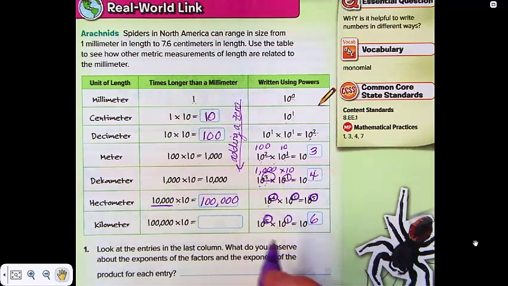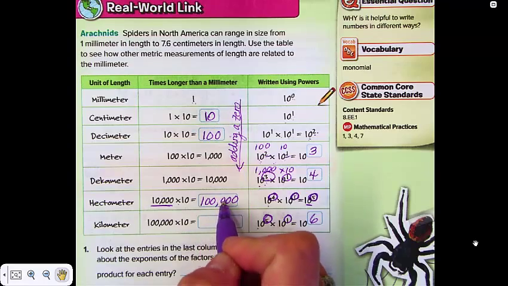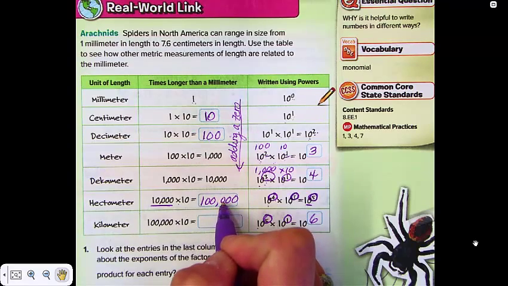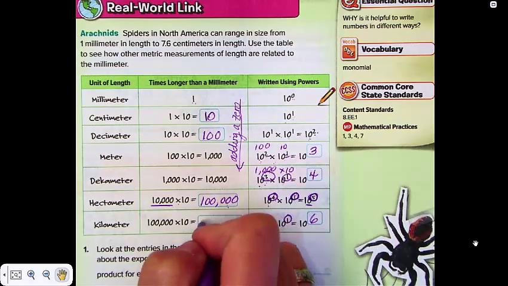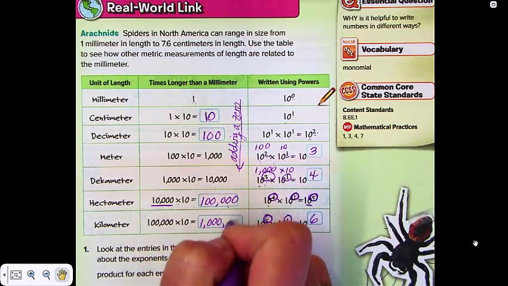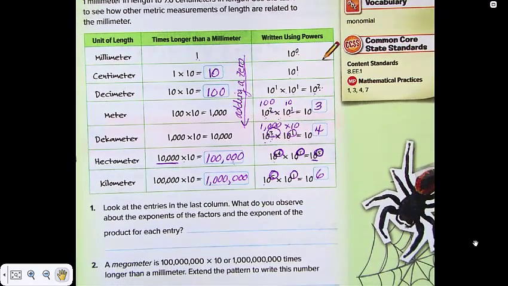A 10 to the fifth power, which is what I had up here, is 100,000. And I'm taking that times one more 10, or I'm adding another 0 to 100,000, and I end up with 1 million.